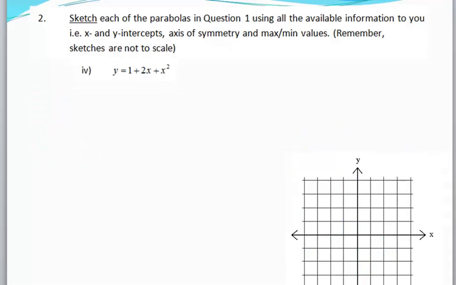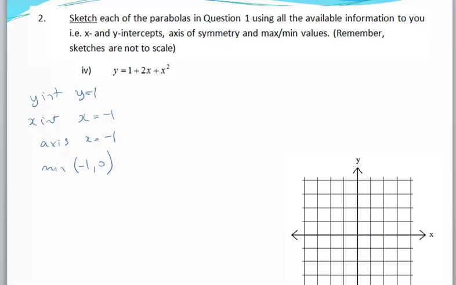Okay, so for our next equation here, we have our y-intercept at y is equal to 1, x-intercept here, x is equal to minus 1. Axis x is equal to minus 1, and a minimum at minus 1, 0 here.